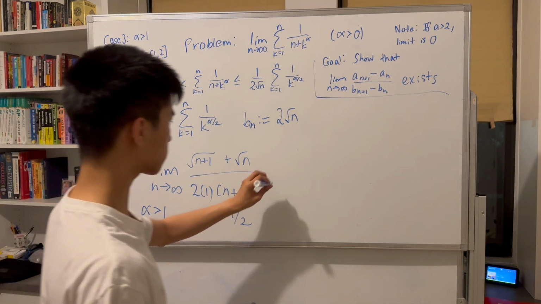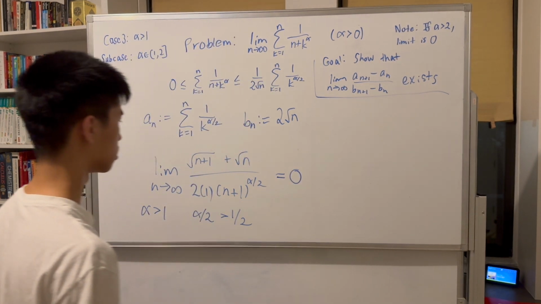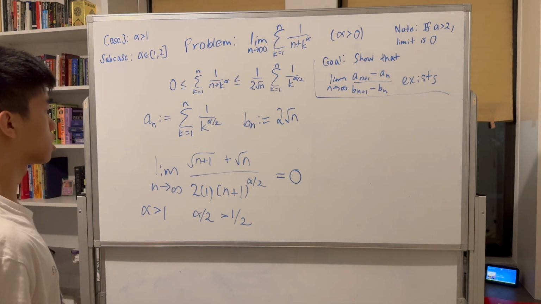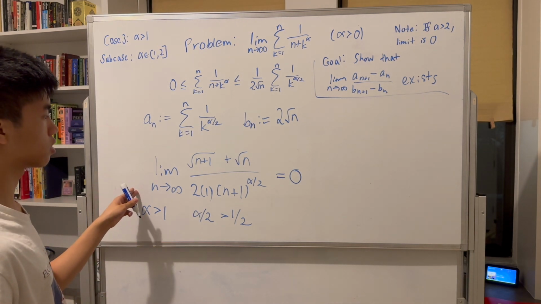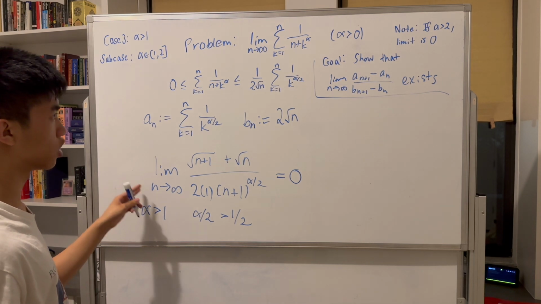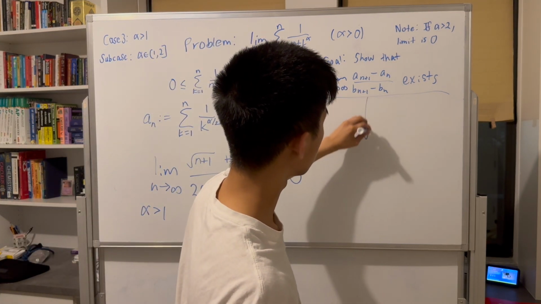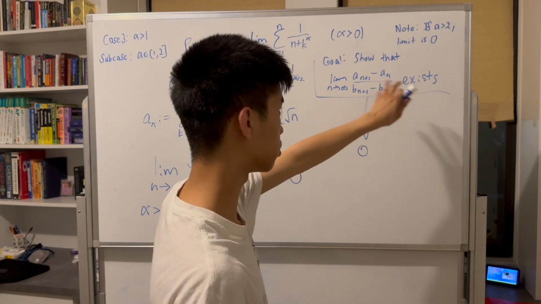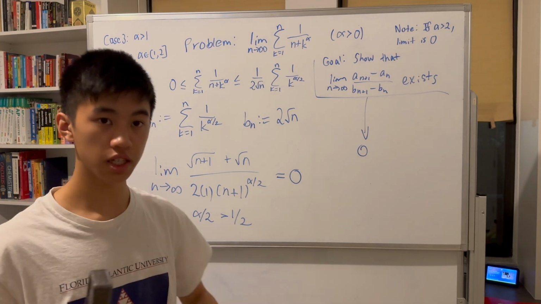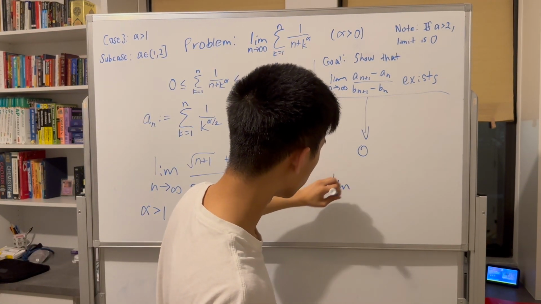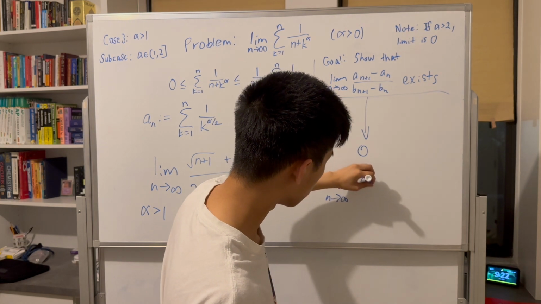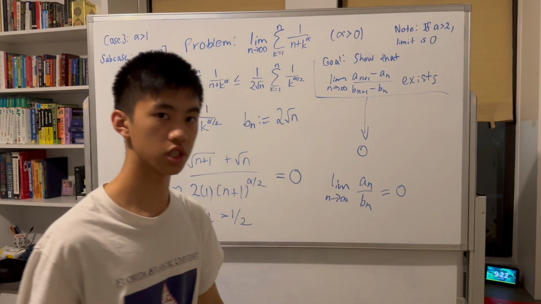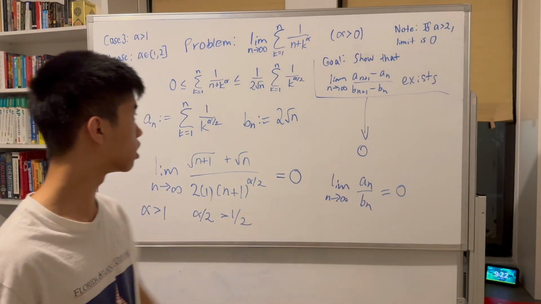Because of that, the limit is 0. That's just standard calculus. So this ratio approaches 0, and we know that this limit exists. And because it exists, by the Stolz-Cesaro lemma we get that the limit of a of n over b of n exists as well, and it converges to precisely the same thing, which is 0.